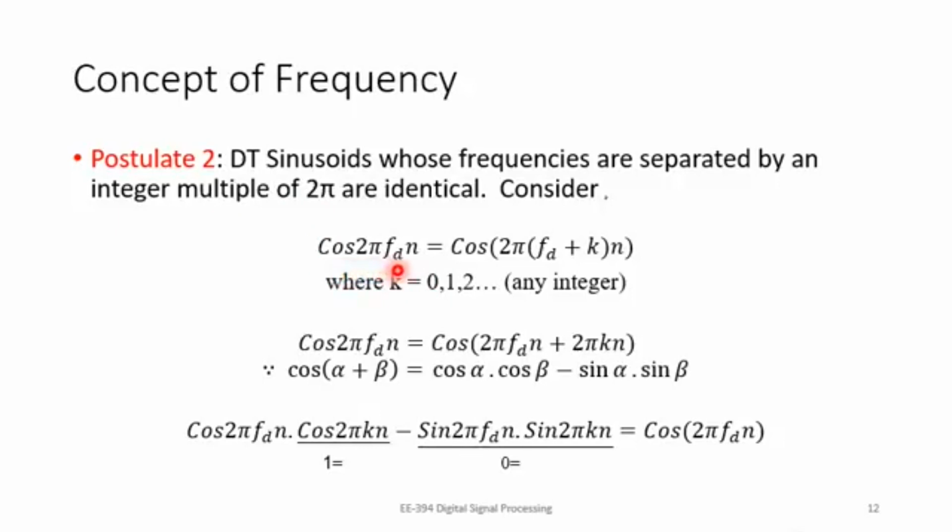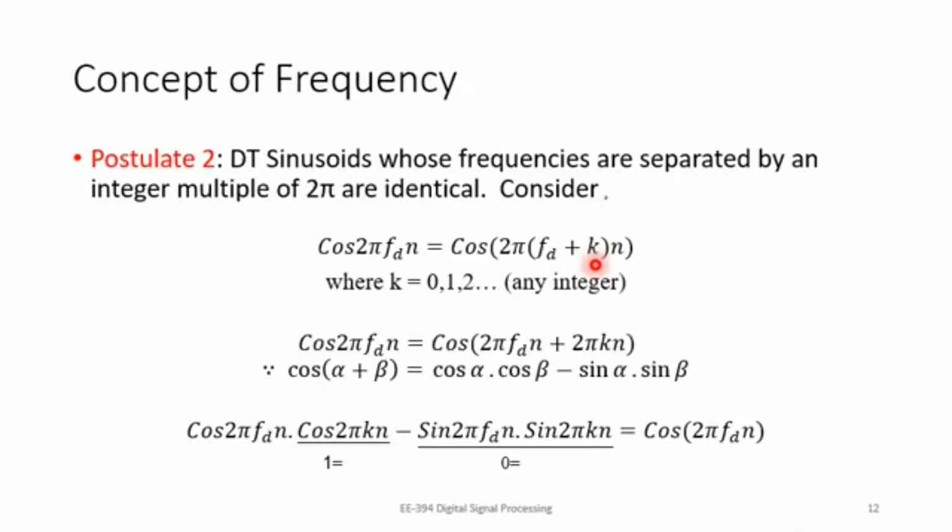And what we do is add, here we have fd, and here what we do is add an integer value k with the frequency. This integer value k can be 0, 1, 2, or -4 or -5.